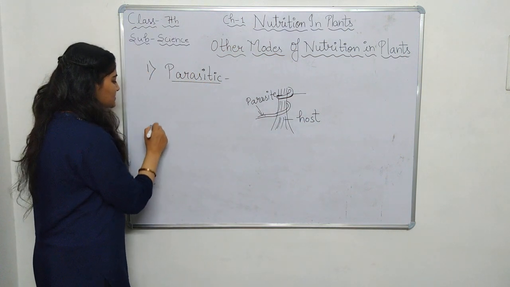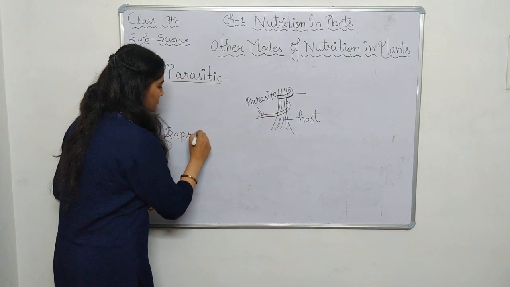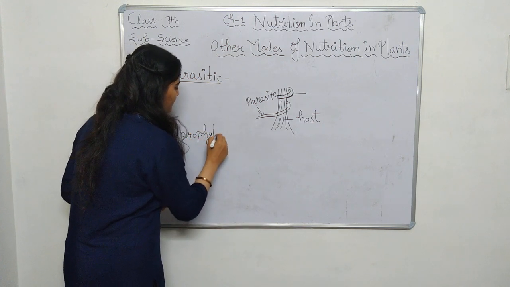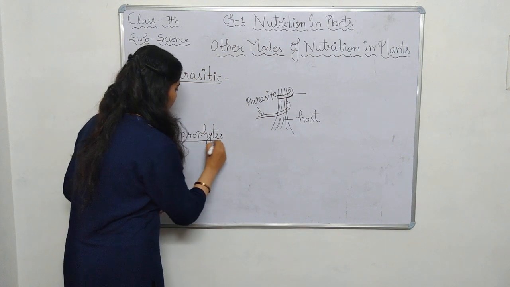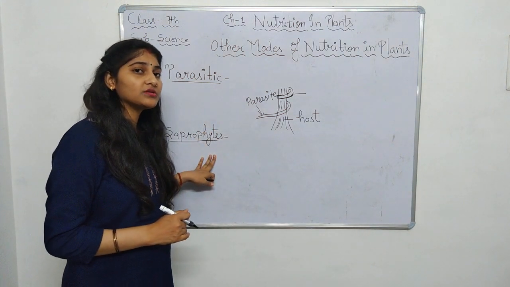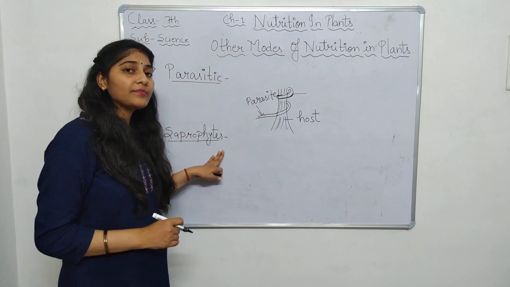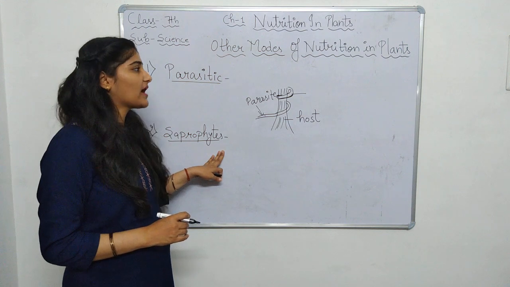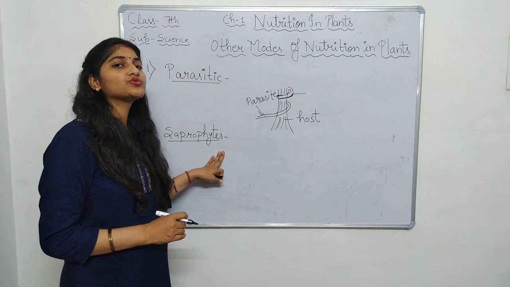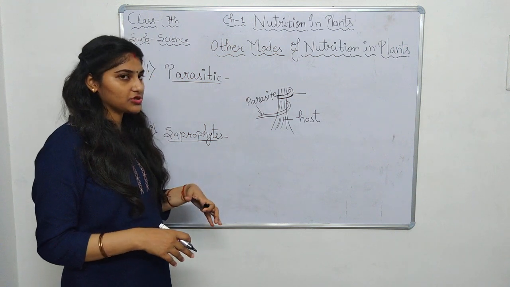Now second are saprophytes. In the saprophytic mode of nutrition, these plants also do not have chlorophyll, so they also need to depend on some other source for their nutrition.